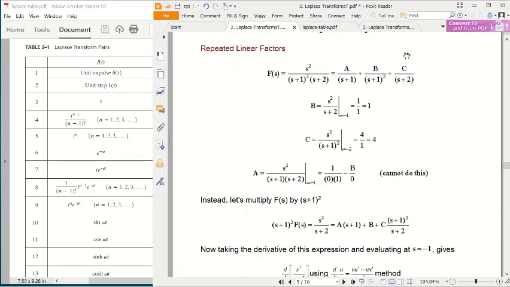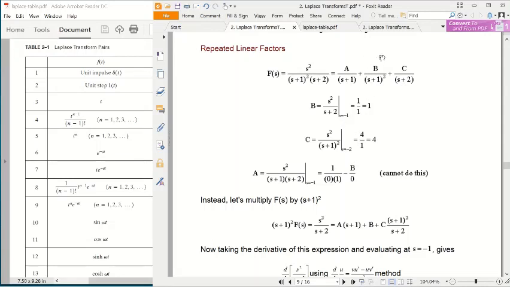So to solve for c is the same as before, and to solve for this a also the same as before. For example, for c, you just take out this, so you are left with this, and then set s equal to minus 2, so you should get 4.